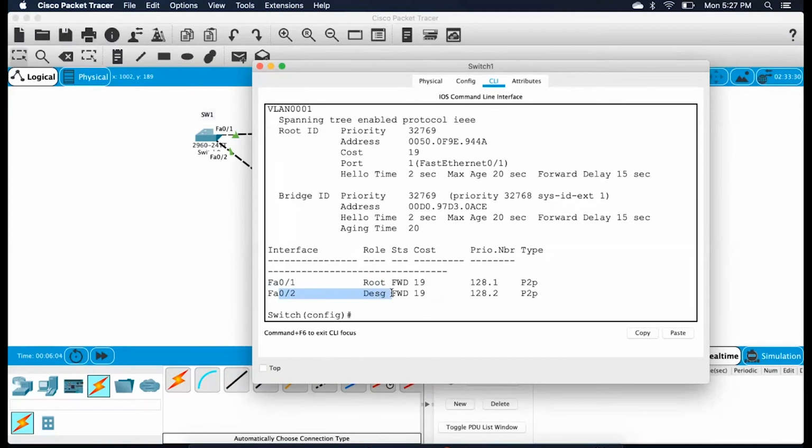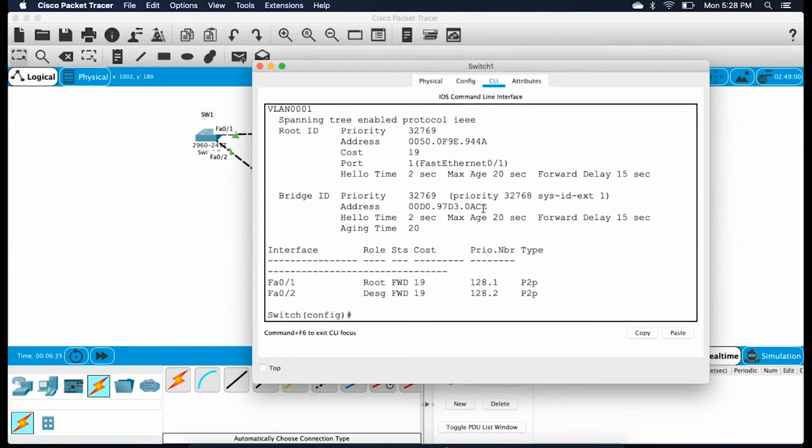Do you see that? And this is the information of the root bridge: the priority is this, the MAC address of the root bridge is this, the cost that is used in order to reach the root bridge is 19, the port that is making you reach the root bridge is FA0/1, and then the timers, and this is the local information.